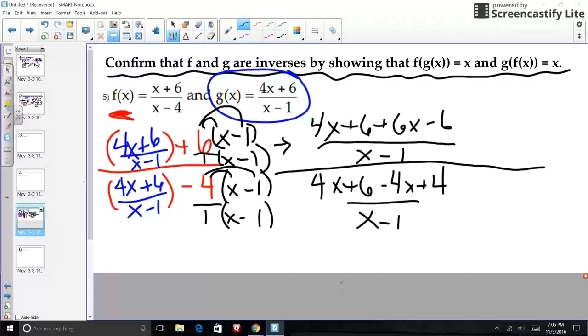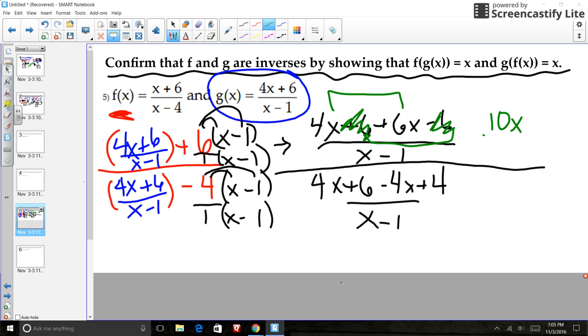Okay, so now I have a fraction on the top and a fraction on the bottom. I'm going to go in and combine like terms because that's a little visually overwhelming. So 4x plus 6x is 10x. And then look, plus 6 minus 6. Nice, they cancel each other out.